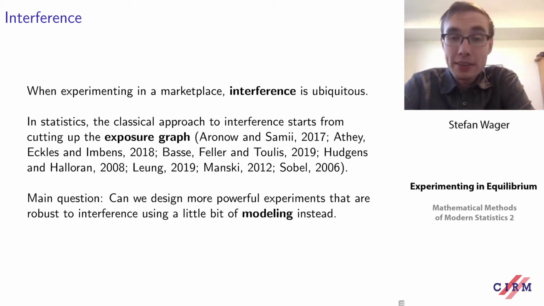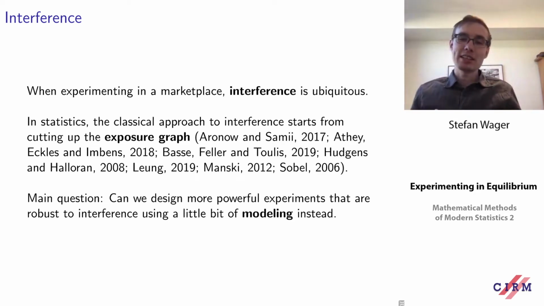So this is very relevant in some settings. This classical approach doesn't talk about why interference happens. It just recognizes that interference occurs along a graph and tries to be robust to that.